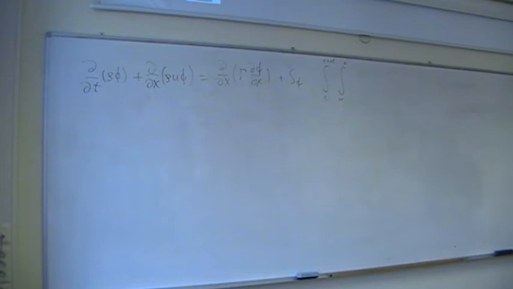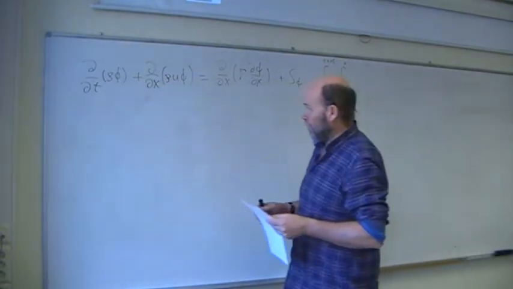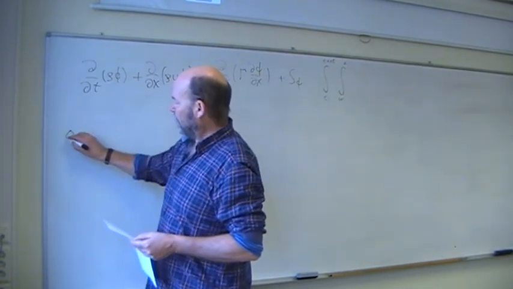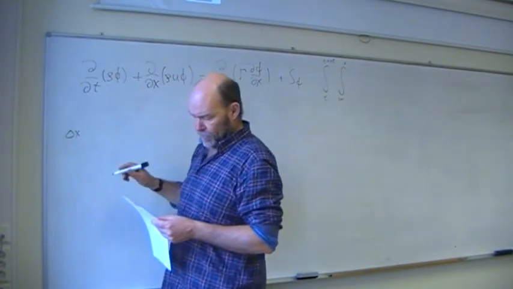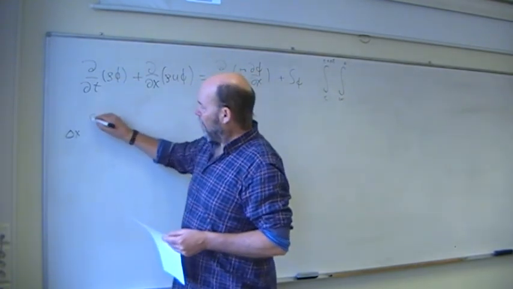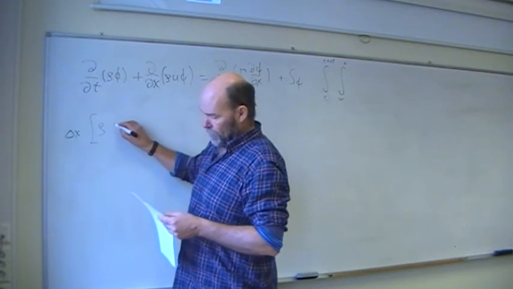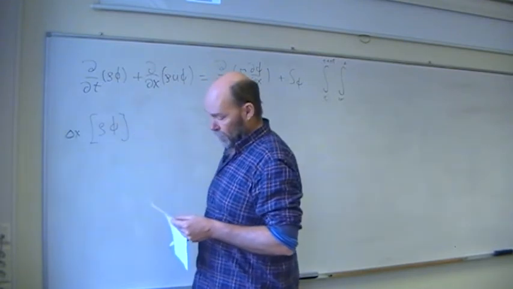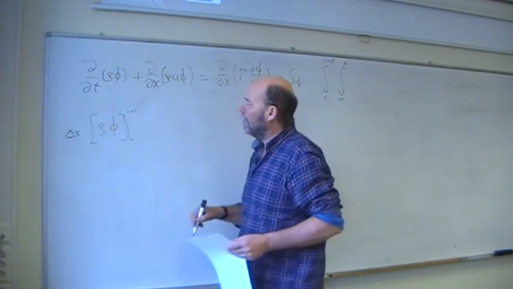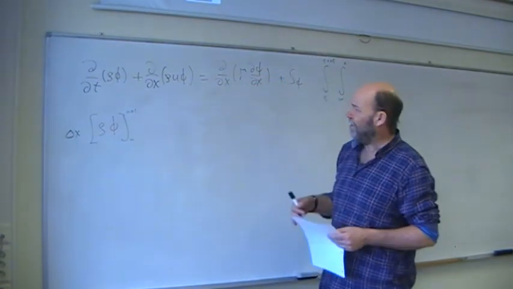And you will end up with something like this. To make it simple here, east minus west makes 1 delta x. And you will be left here with the difference from time level n to n plus 1 of this term.